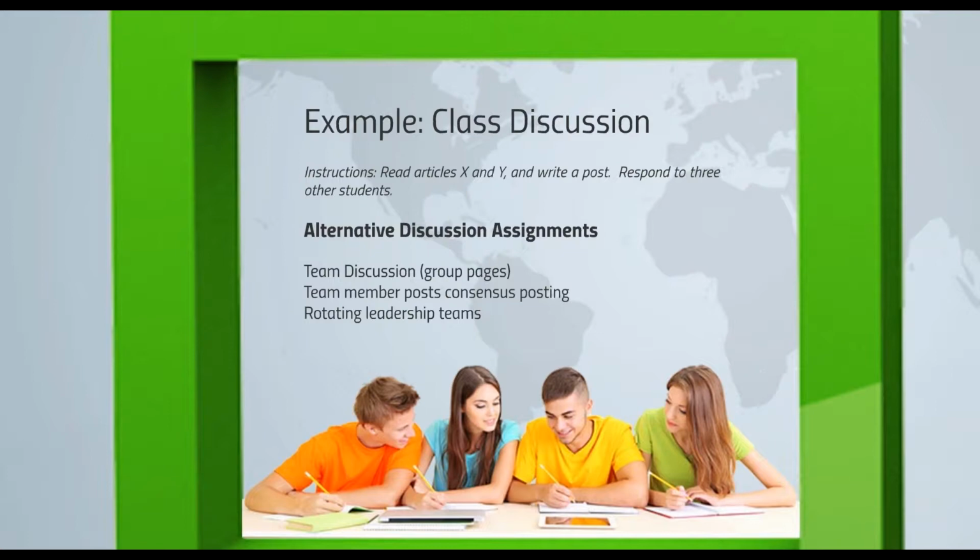And it could be, you could divide the class into 2 groups, team pro and team con, and say, read these articles, and one group is going to offer an argument in favor of the hypothesis or the thesis. The other group is going to oppose it. And so in that way, you're not going to have a threaded discussion with 50 or 100 responses necessarily. It would be much fewer, but groups of students will be drafting responses, and collaboratively, they will participate as one entity in the discussion thread.